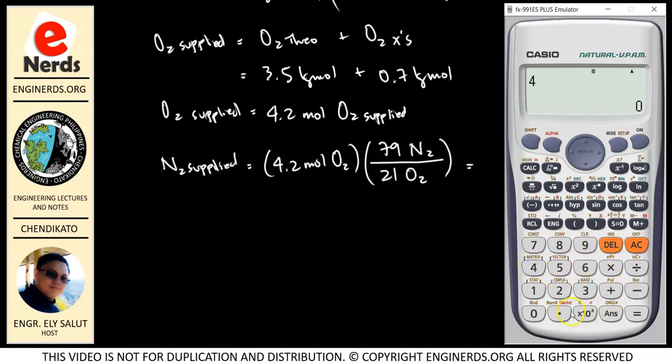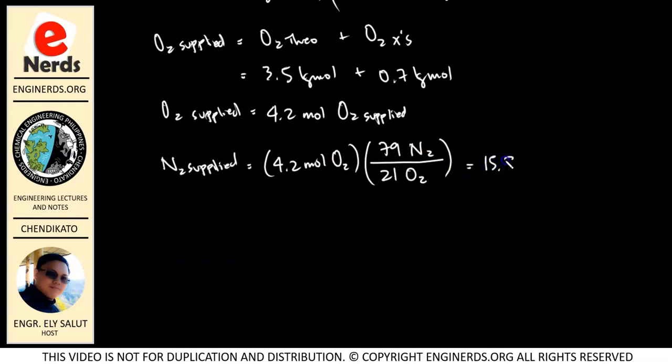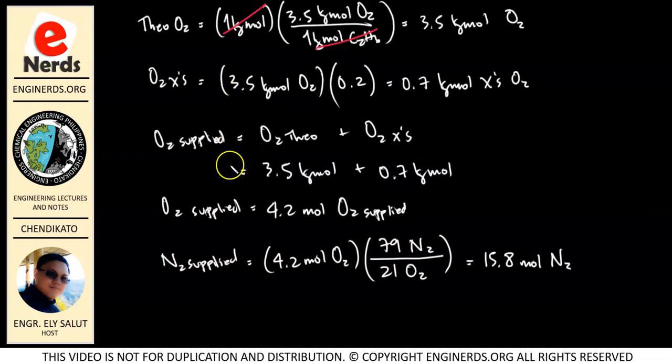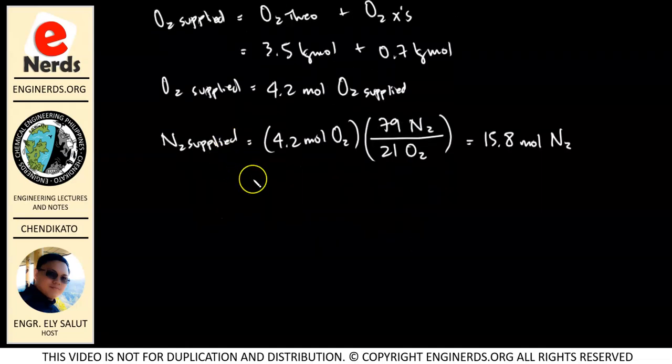So we have 4.2 times 79 divided by 21. So we have 15.8 moles of N2 supplied.